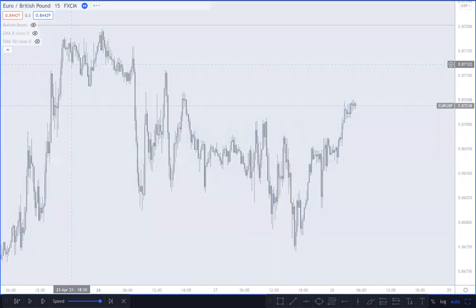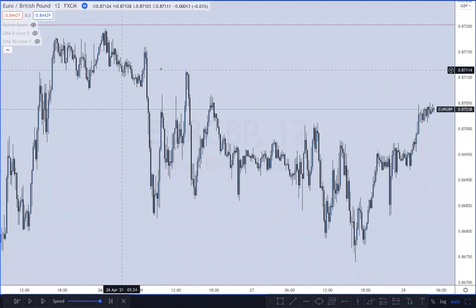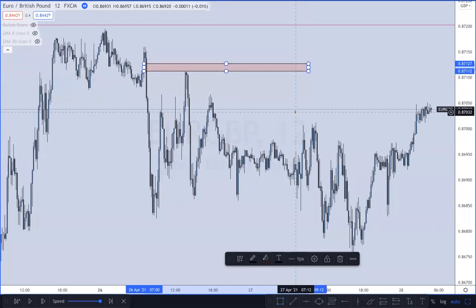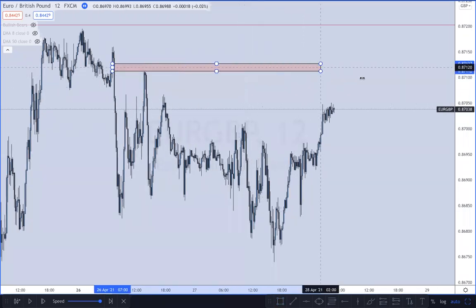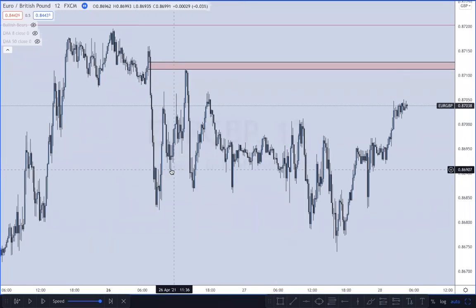Let's go to 12 minutes. Another fair value gap down here above liquidity. We have a breaker structure here and here.